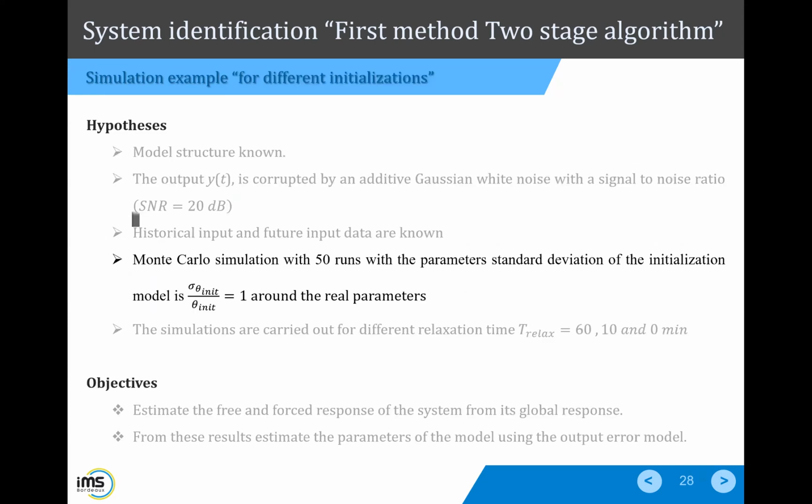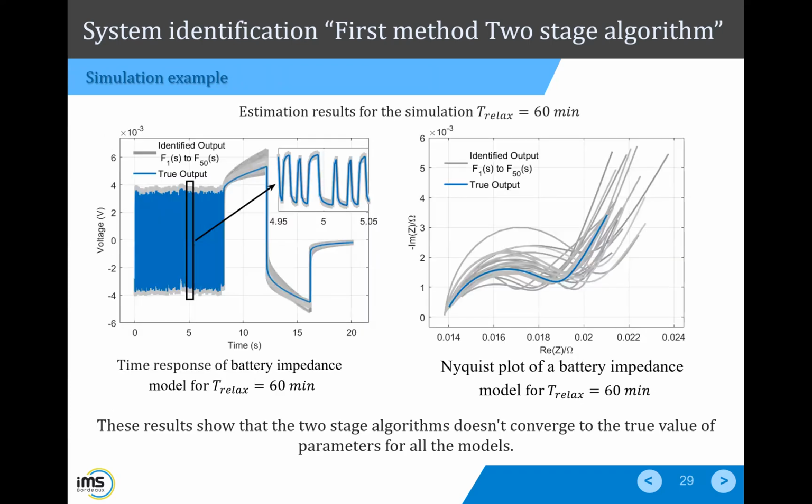After that, we did the same simulation, but now with the parameter standard deviation of the initialization model around one of the real parameters. We have the same objective, and for this standard deviation, as you can see, the algorithm doesn't converge from every initialization model.